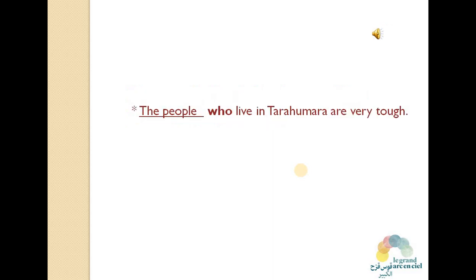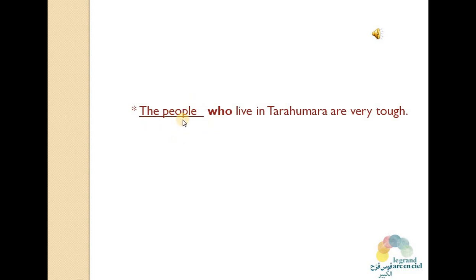So these two sentences have in common the people. So we can combine them by replacing the people with the relative pronoun who. So when we say who live in Tarahumara, the relative pronoun who is subject of the relative clause, and it comes immediately after the subject of the whole sentence.